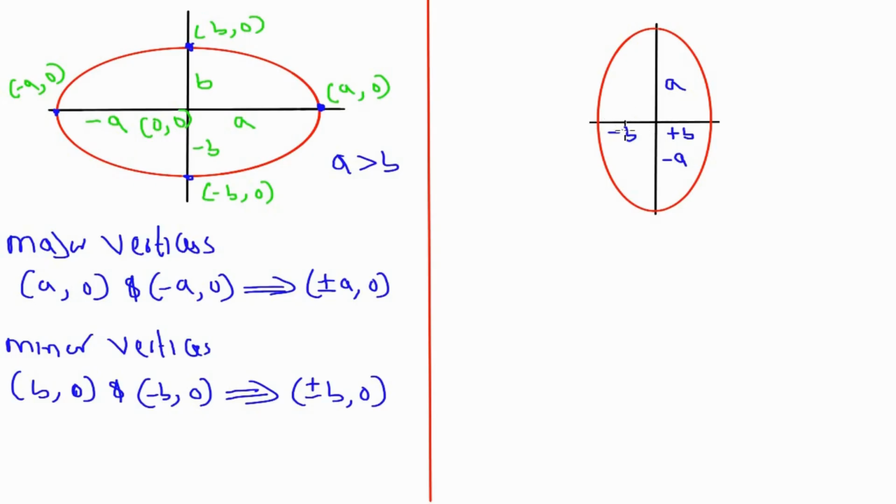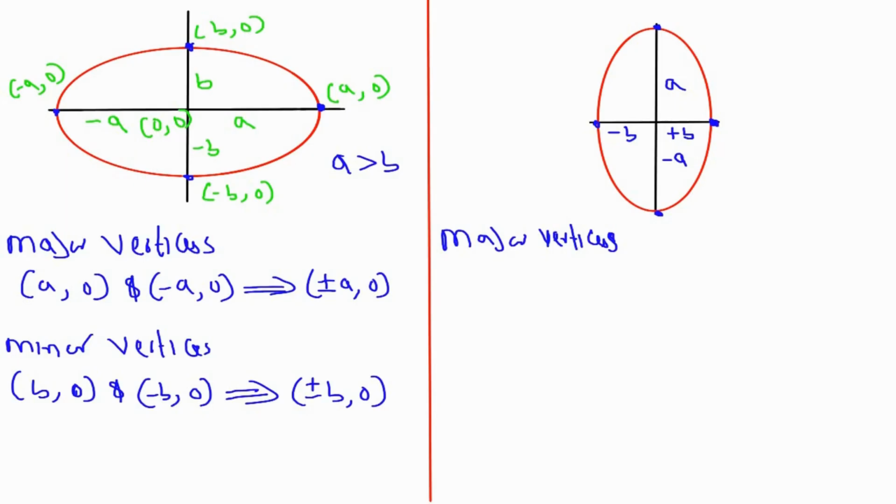Perfect. Now to identify the coordinates of the major vertices, we need the coordinates of all these points, the points highlighted in blue.